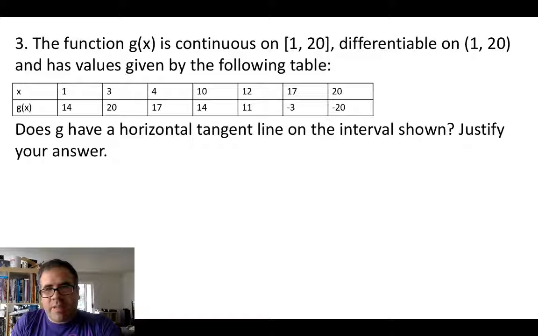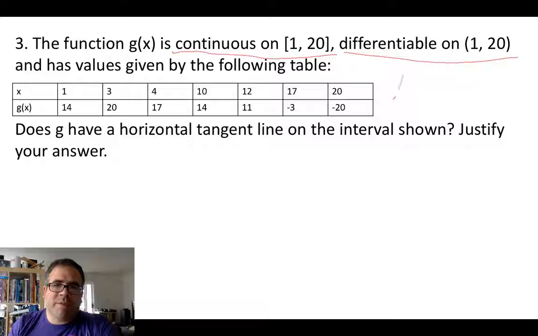When you read that a function is continuous on a closed interval and differentiable on an open interval, that should remind you, oh, there's one particular theorem that requires you to state that, and that's the mean value theorem.